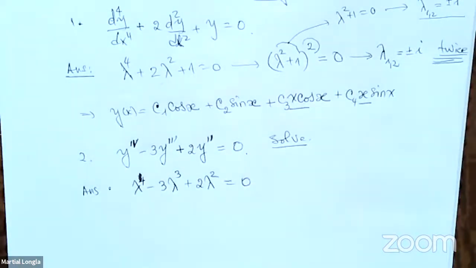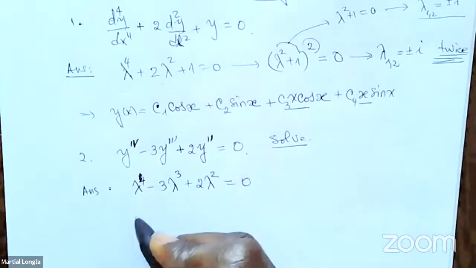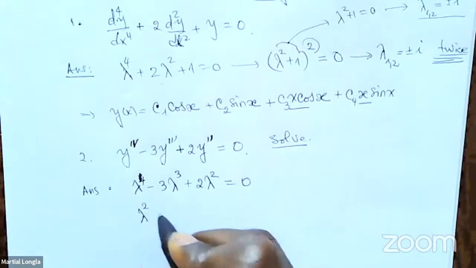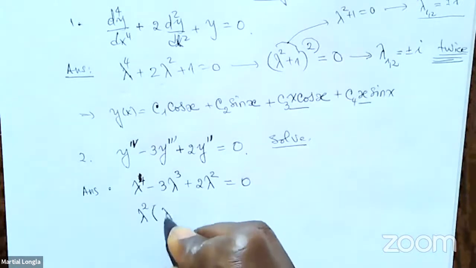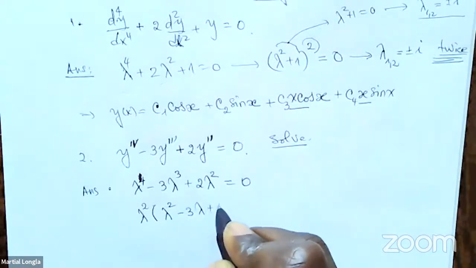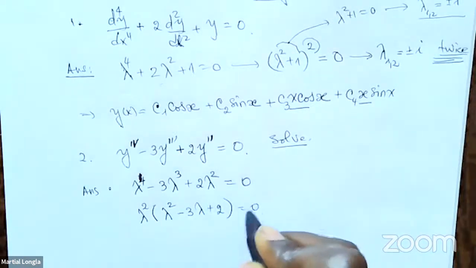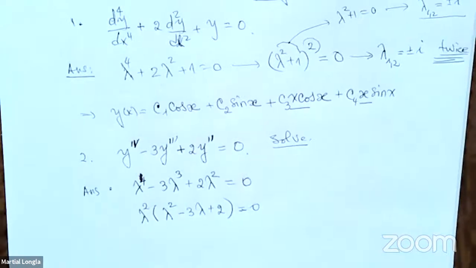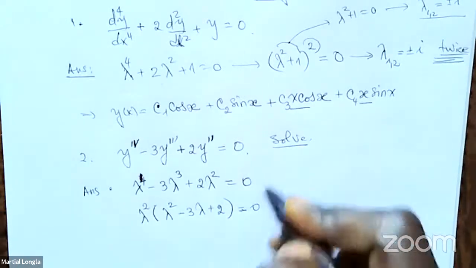Okay, anyone to tell me what's the next step on this? You can factor out lambda squared. That's correct. So now after factoring out lambda squared, it becomes easy.